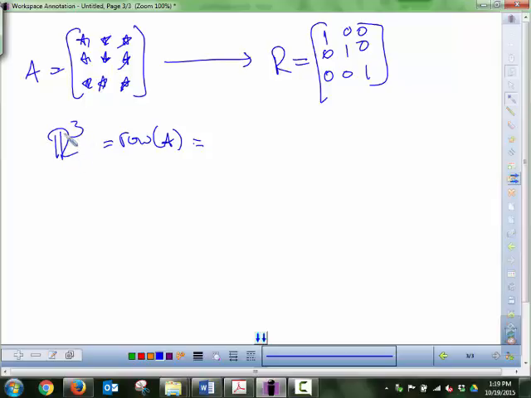But if I ask for a basis, I need some vectors. 1, 0, 0. 0, 1, 0. 0, 0, 1.